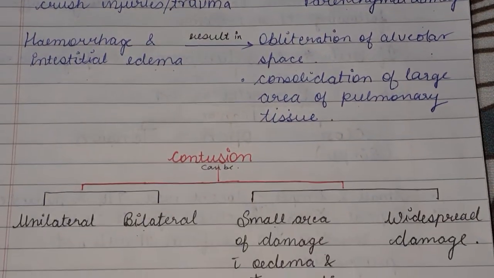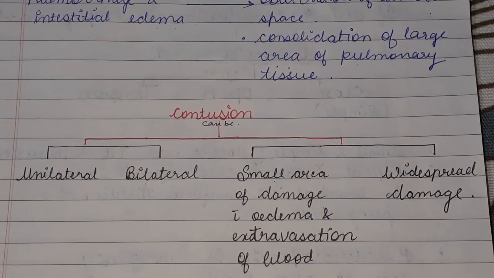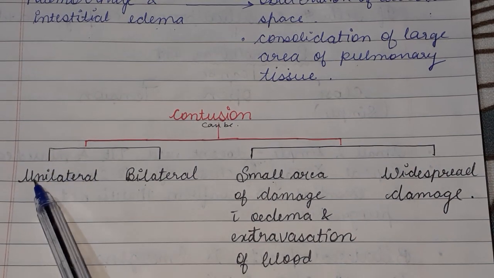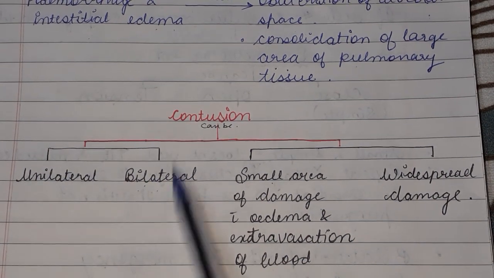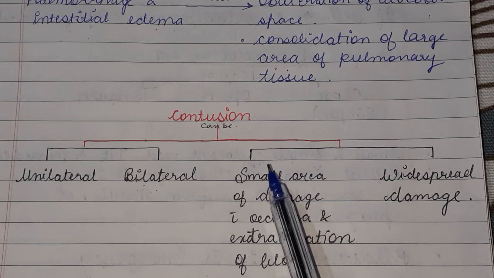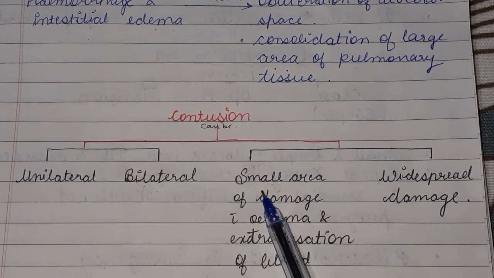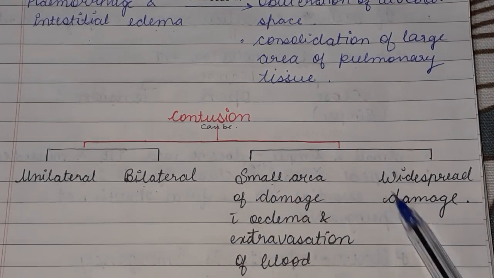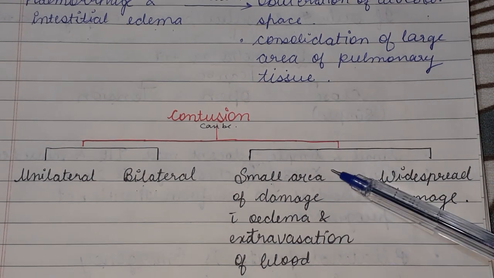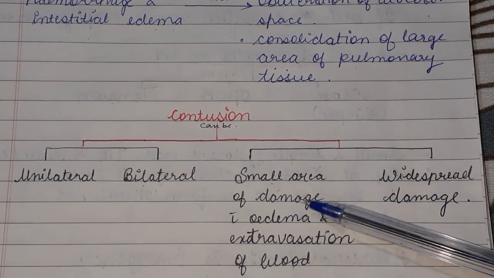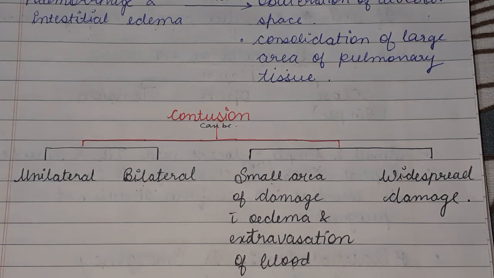The contusion can be classified as unilateral or bilateral, or the contusion can cause damage of a small area or widespread damage. So the small damage is due to the edema and extravasation of blood.